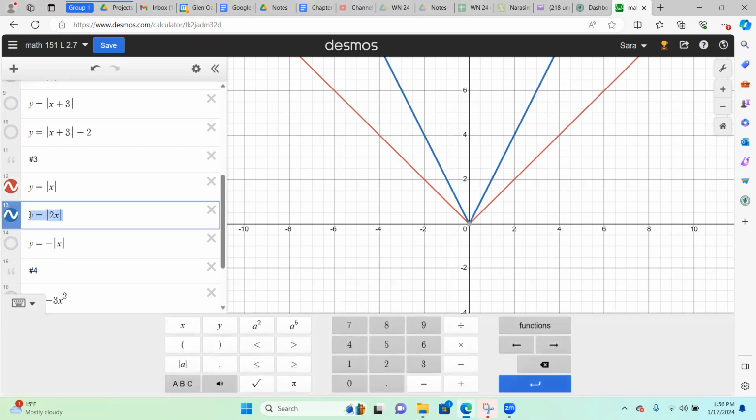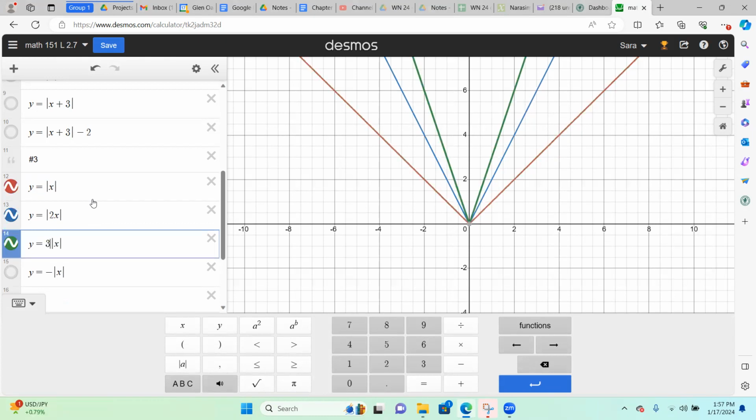Now, if I were to take that same absolute value function in red, and this time I multiply it afterward by 3, it gets stretched, it gets pulled up again. So multiplying or scaling up definitely makes it bigger and going up more.